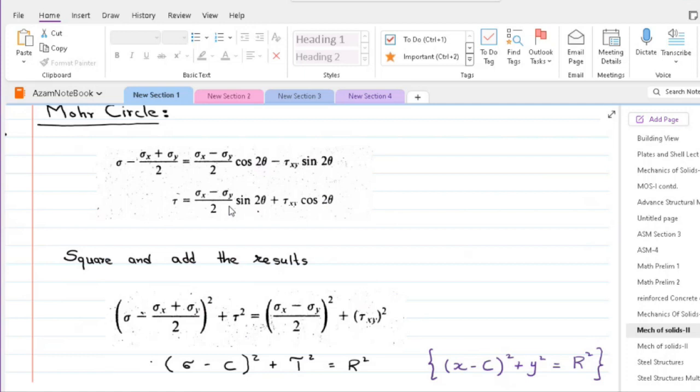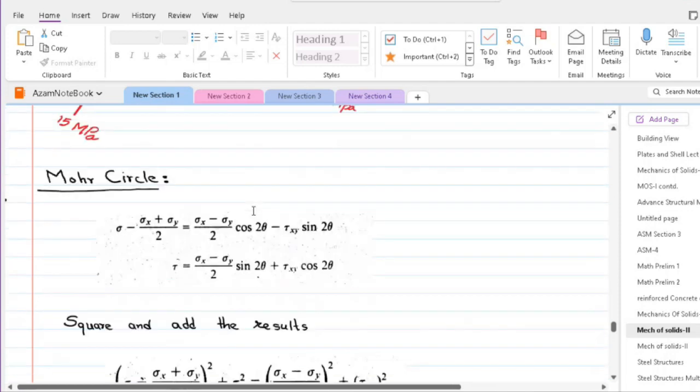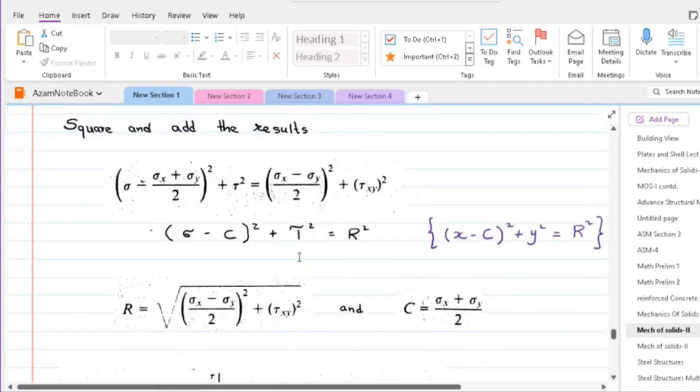After squaring and adding, we managed to eliminate the terms involving thetas, and we were left with an expression without any theta. This expression was in the form of the equation of a circle. Hence, from this equation, we determined our radius and the center of the circle.